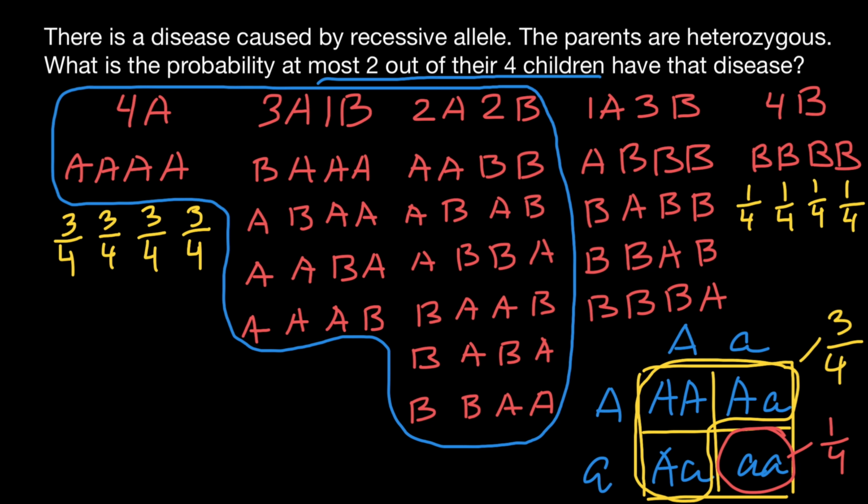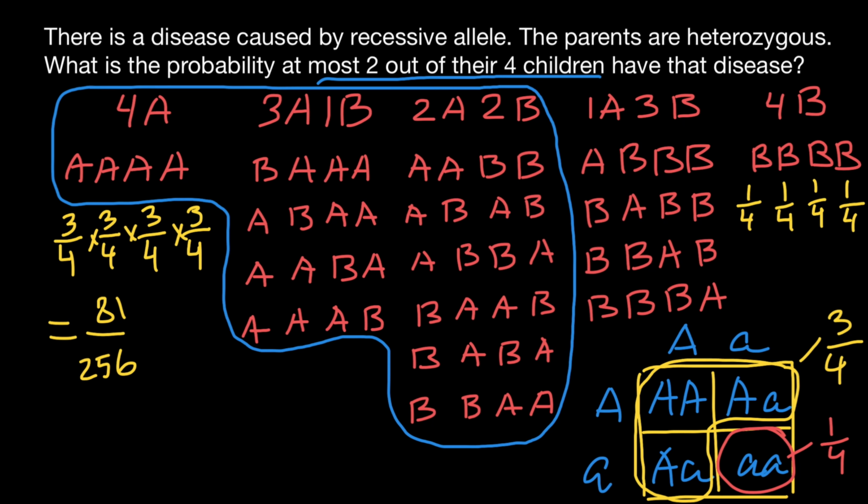So what are we going to have here? We have to multiply all these independent probabilities, and what we are going to get: 3 times 3 would be 9, times 3 would be 27, times 3 is going to be 81. So 81 in the numerator, and in the denominator we have 4 times 4, 16, times 4, 64, times 4 is going to be 256.